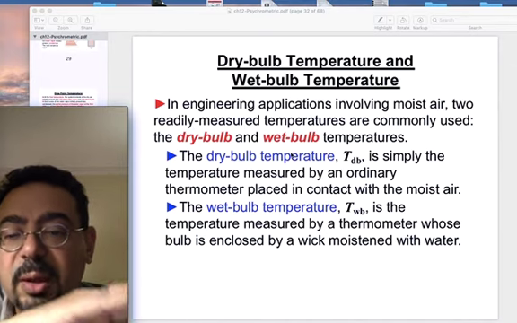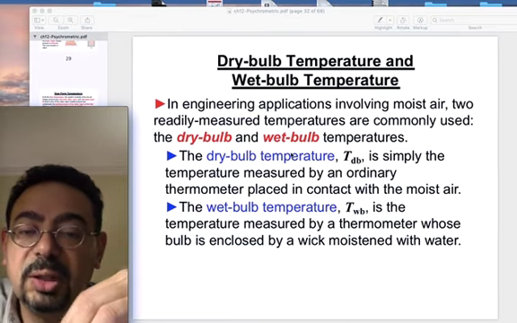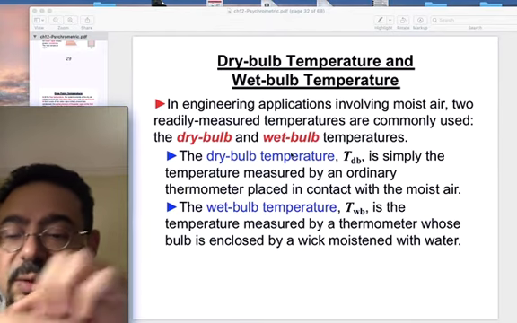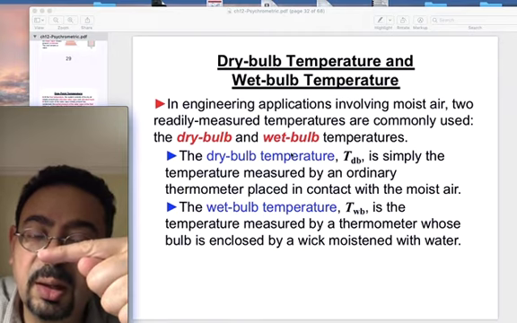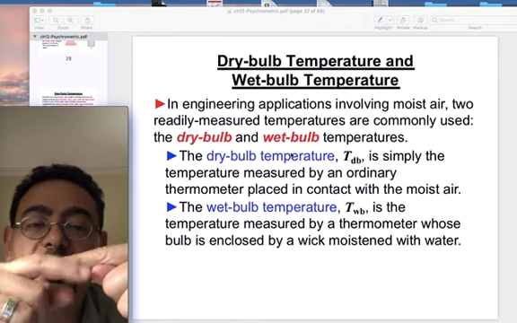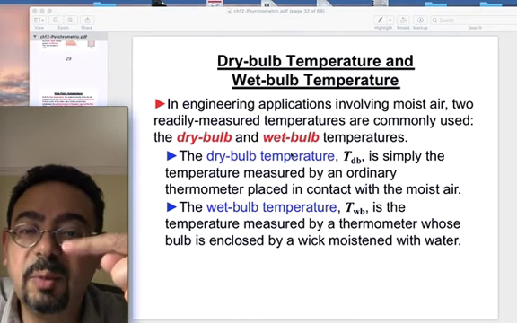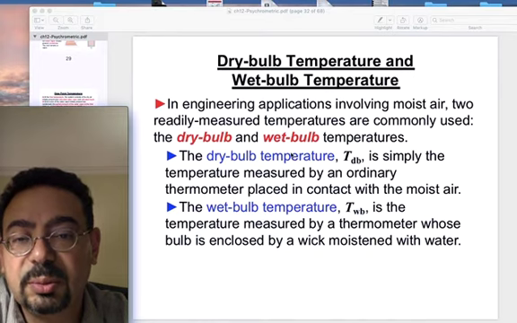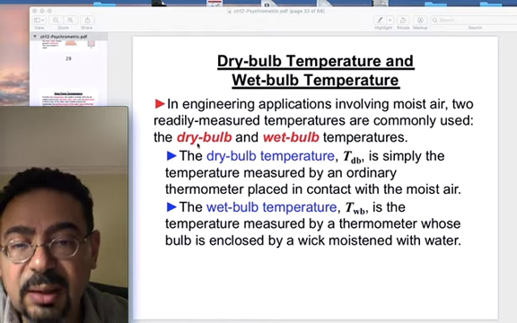You can just apply the first law of thermodynamics and figure out that the amount of energy involved in evaporating that film, whether it's on your skin or the cotton cloth on top of the thermometer, is related to the evaporation, and that will drop the temperature. So the wet bulb temperature will always be less than the dry bulb temperature.